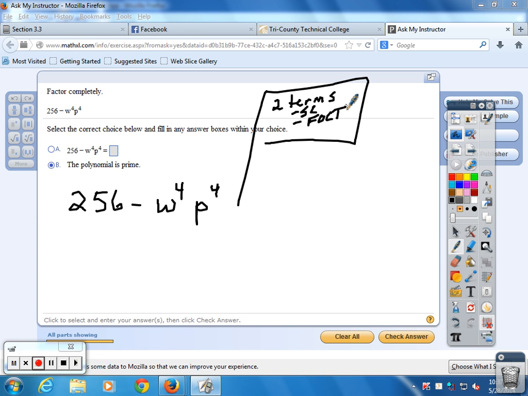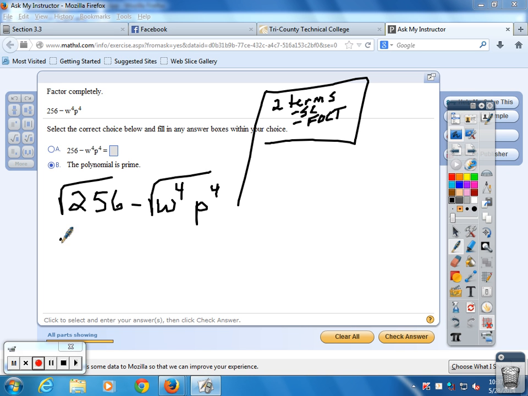Can't do anything with either one. Can't factor out a common term. So let's see if we can take the perfect square. I believe we can. Because I know this is a perfect square, isn't it? Alright, so let's take the square root of both terms. Square root of this guy, square root of this guy. Now I know that 15 squared is 225. I know that because I know my multiplication tables. If 15 squared is 225, what do you think the square root of 256 is? 16.